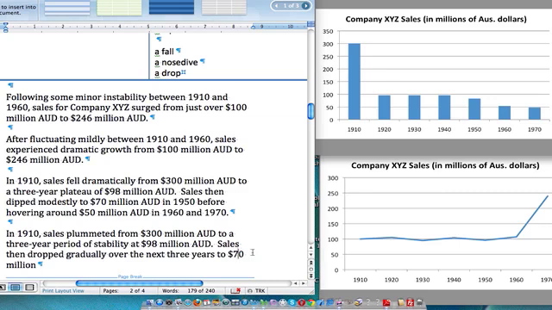Sorry, I just want to get this accurate. 80 million Australian dollars, 51 million Australian dollars, and 49 million Australian dollars respectively.